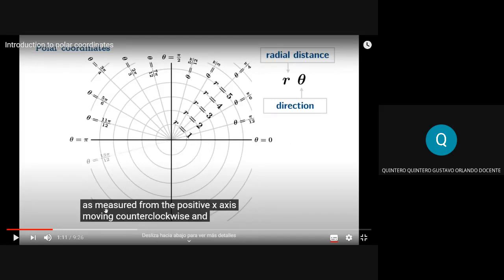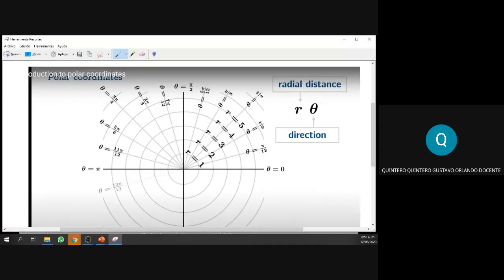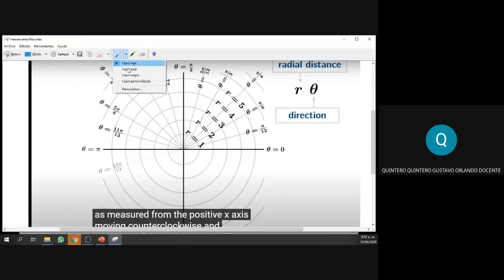All right, look here. As measured from the positive x-axis moving counterclockwise. What the guy is saying here is that every single angle, and I'm going to draw it in red, begins from this line over here, from the x-axis.